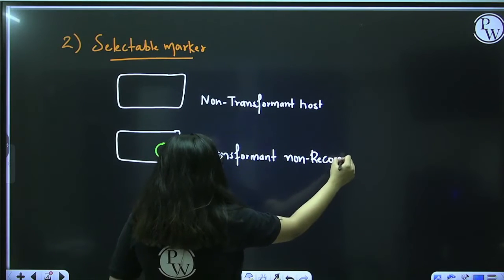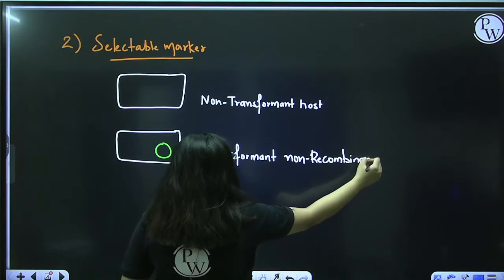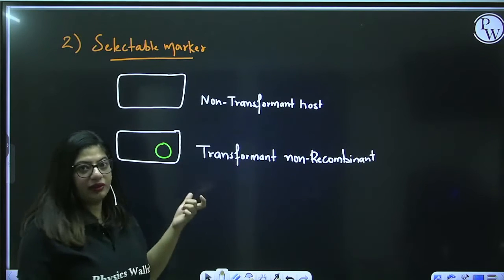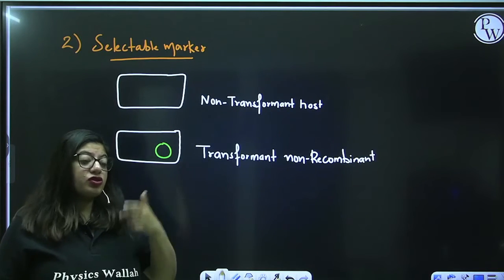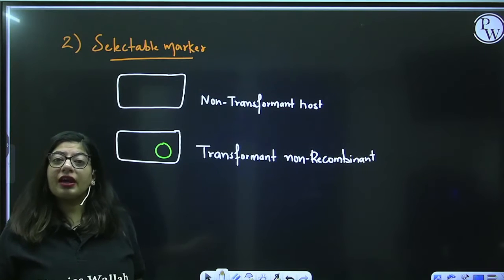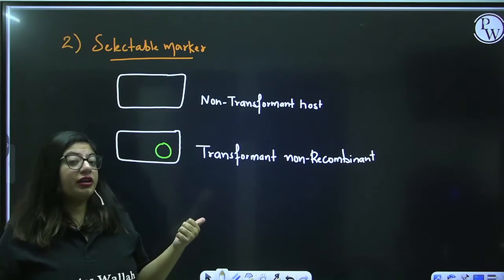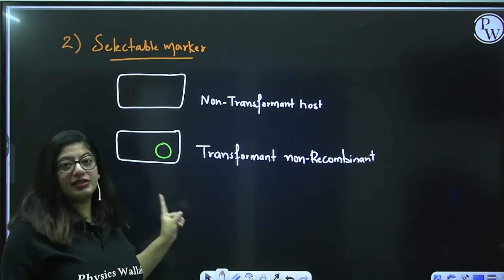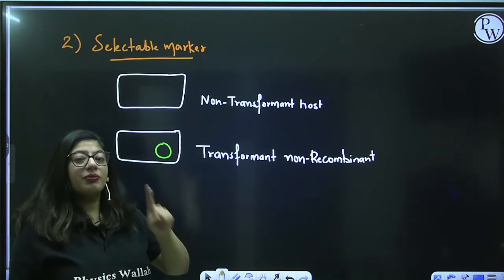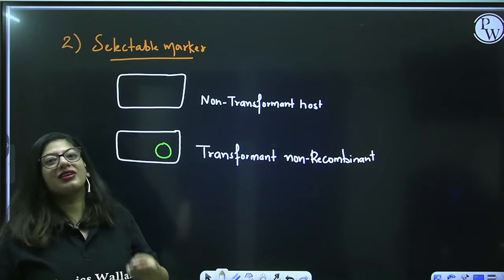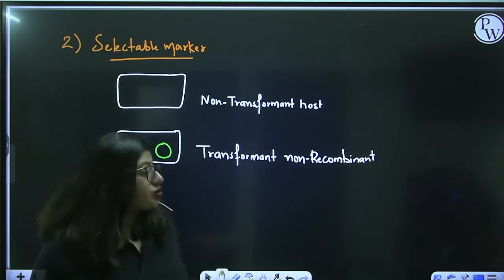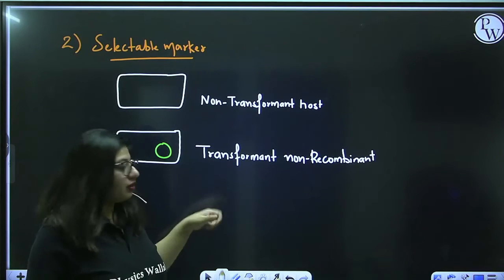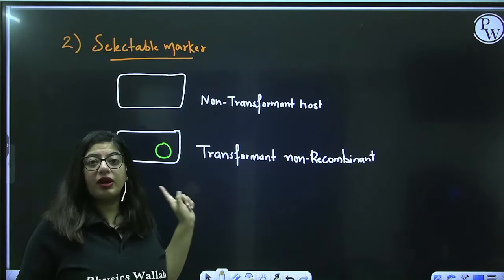Why non-recombinant? Because it does not have a foreign DNA. It's just the same vector. Accidentally, maybe it was not able to get cut by the restriction enzyme and the foreign DNA didn't get incorporated into it. So it's a transformant because it gets the vector, but non-recombinant because it does not have the foreign DNA.